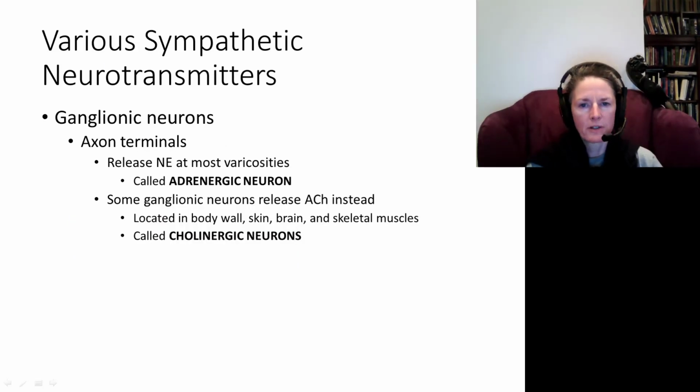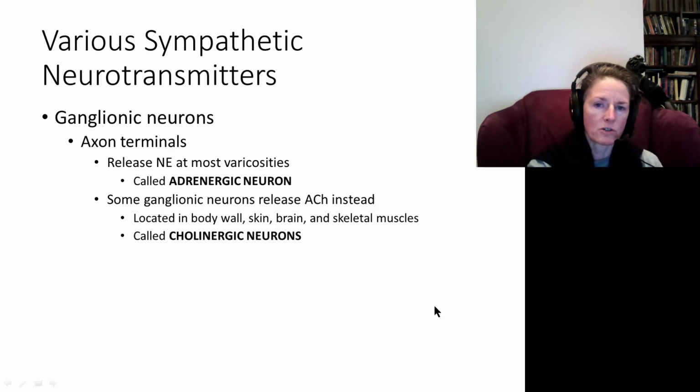Since adrenaline and epinephrine are synonyms, any synapse where norepinephrine is released is called an adrenergic synapse, and the neurons that release the norepinephrine are called adrenergic neurons. Now we will see that all the targets, these effectors affected by these postganglionic neurons, are going to have one thing in common. It does not even matter which part of the autonomic nervous system they are.